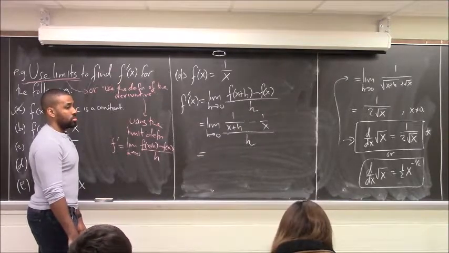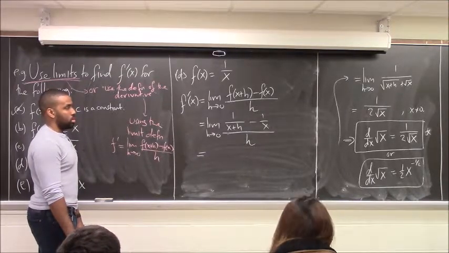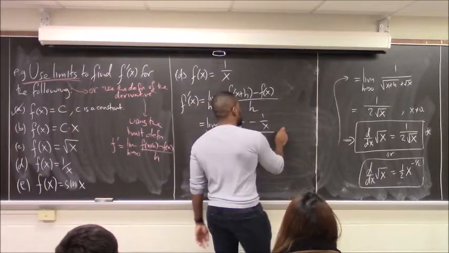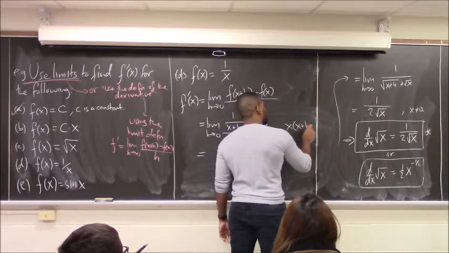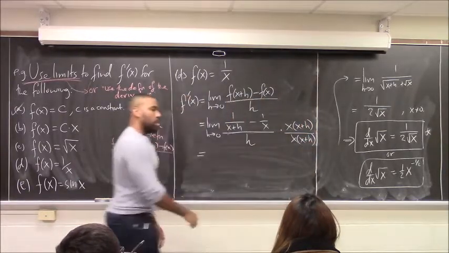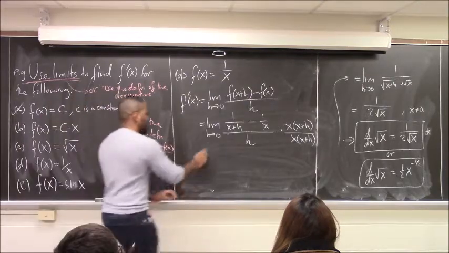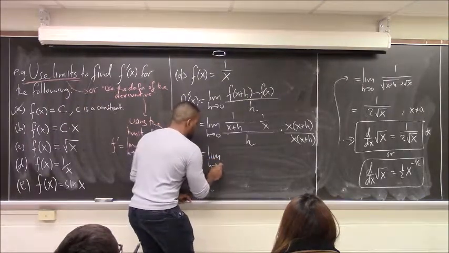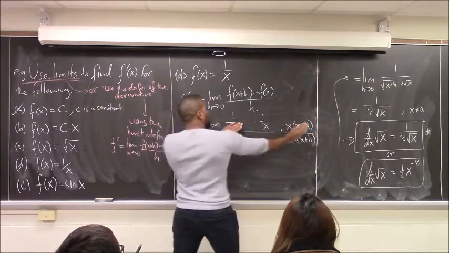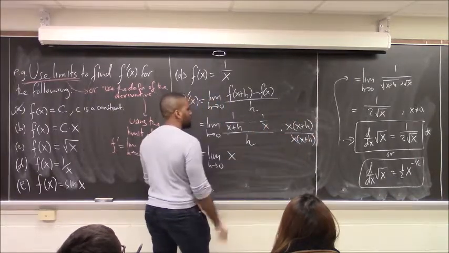You can make a common denominator. What would that be? x times x plus h. So we find that LCD, x times x plus h, and multiply and divide by the LCD. That is the trick there. If you take this times that, the x plus h is cancelled, you're left with an x.